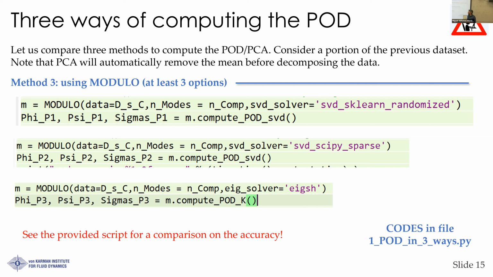Okay, you have one approach which is called compute POD SVD, which will compute the POD through the SVD, and there you can choose among various SVD solvers, or you can do, here it's called compute POD K, which will compute the POD from this one.